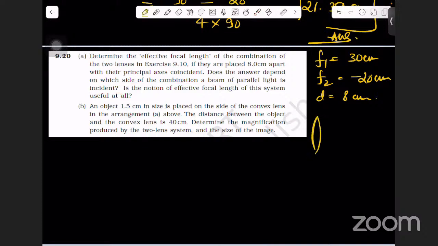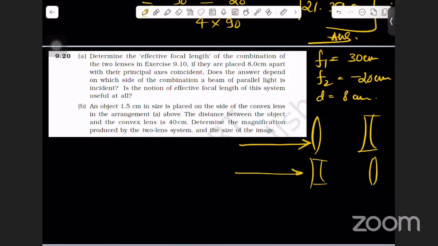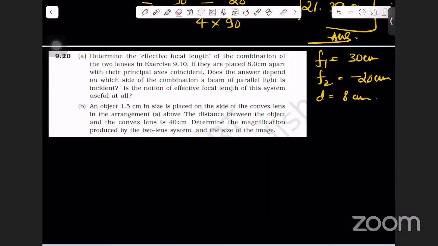The beam could be incident first on the convex lens, or I could also have a situation where the beam is incident first on the concave lens. So does the answer actually change in these two situations? That's the question. Okay, so let's get going.